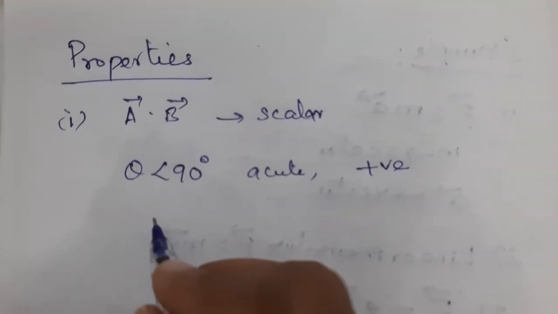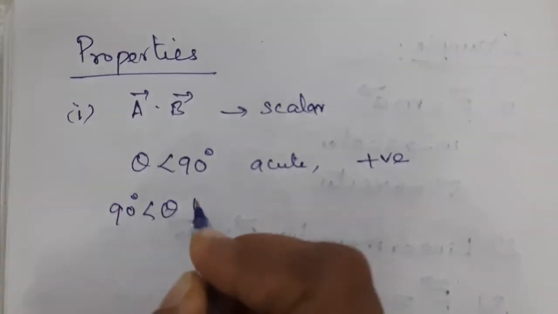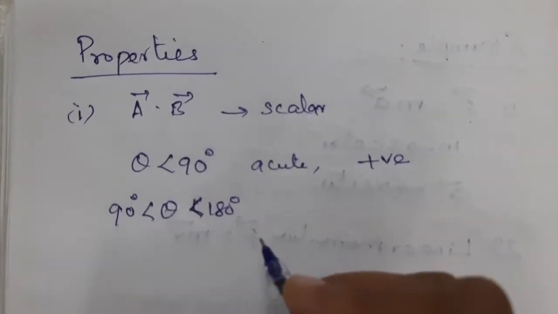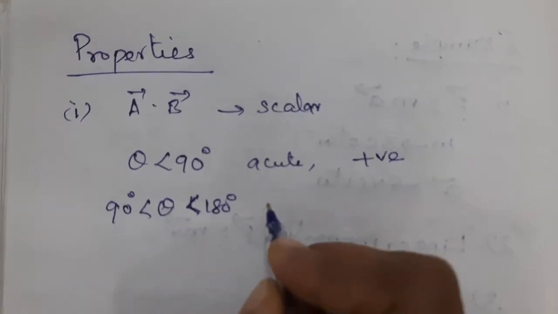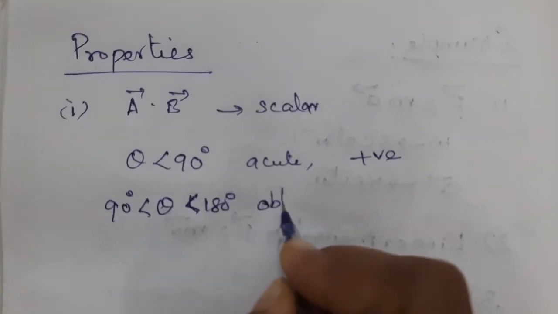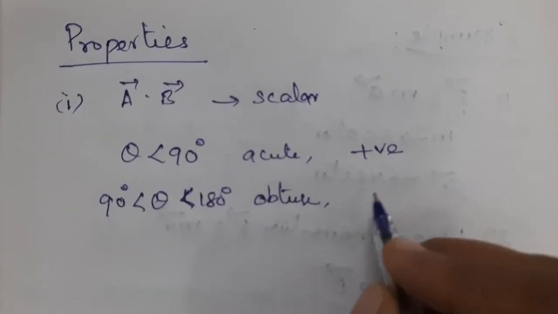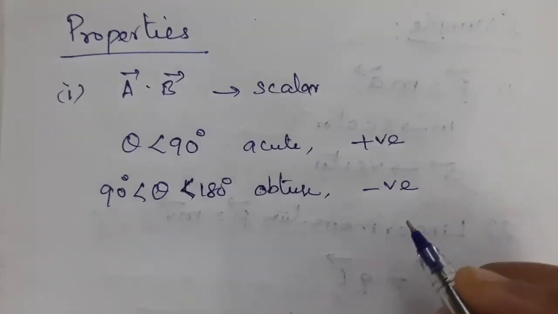If theta lies between 90 degree and 180 degree, that is the angle between the two vectors is obtuse, then the product is negative.